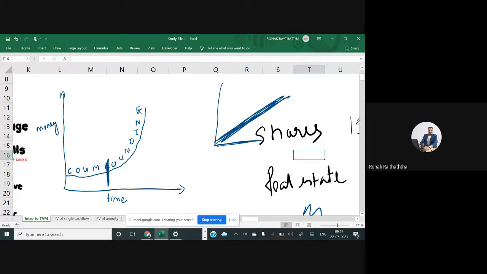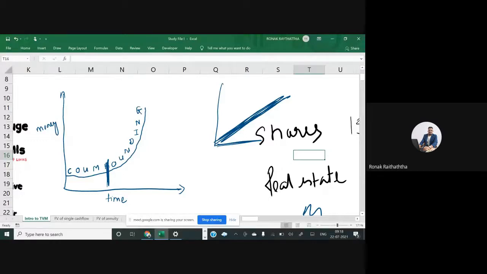Till this point of time, there won't be any difference between the simple return and the compounding return. You realize the benefits of the compounding return only after a period of time, after which it will grow exponentially. When I use the word exponential, that means each addition in the money in the current time frame will be higher and greater than the previous addition.